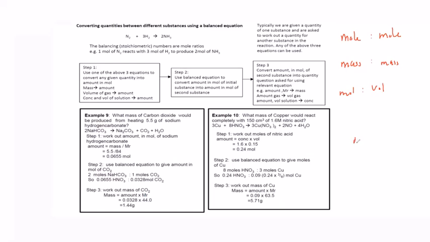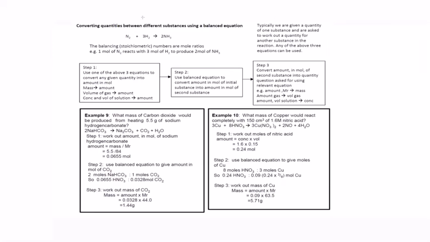But there is no ratio between mass and moles. You cannot take that ratio of moles and mass. Only these three ratios can be taken to solve a question related to moles, mass, or volume.